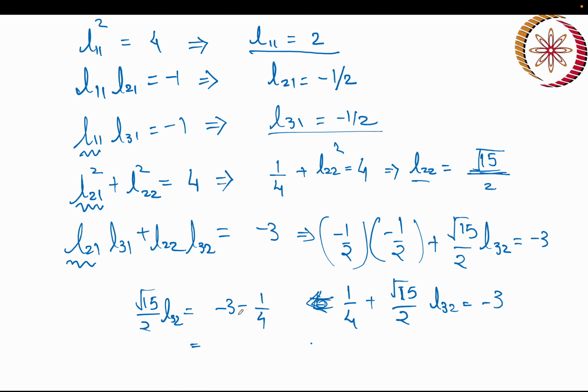So minus 13 by, this 2 here will be 4, it will be 2 again, so it will be 2 square root of 15. Okay, so that is L32.